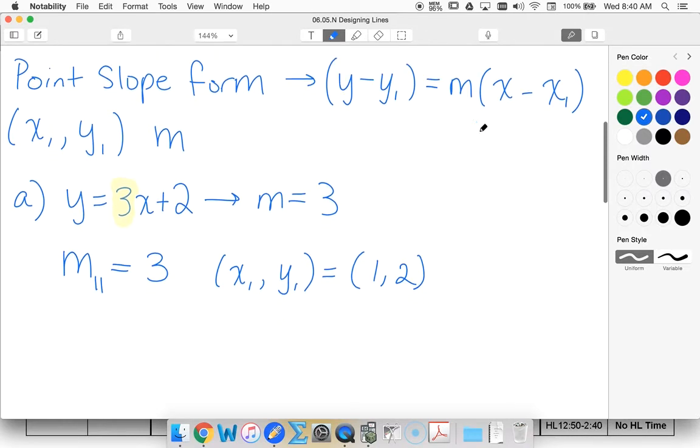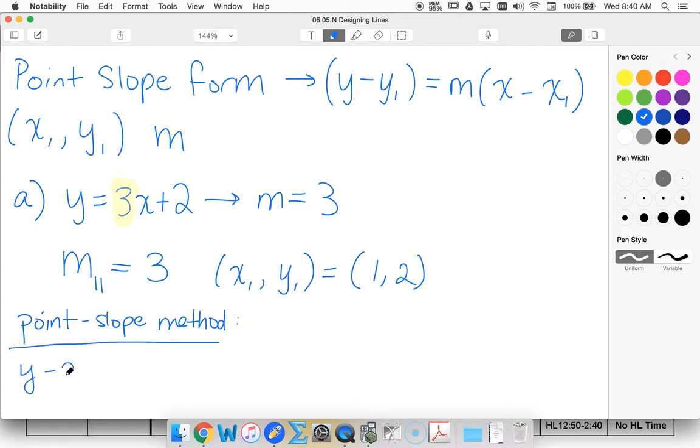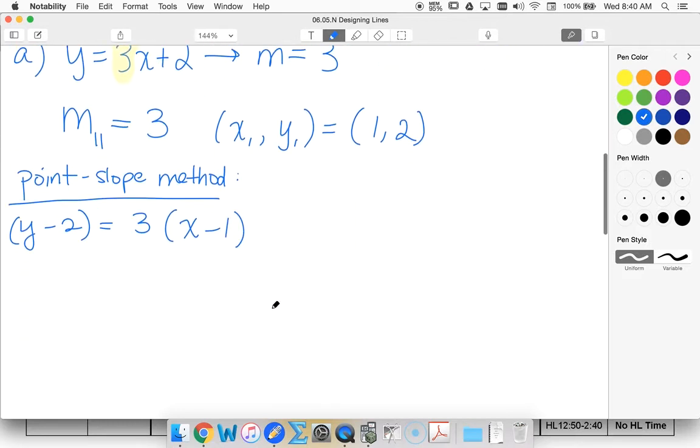So if I use my point-slope method, I'm going to do y minus 2, because that's this coordinate, equals m times x minus 1, because that was my x-coordinate. Now I'm going to simplify this. This is just y minus 2 on the left, 3x minus 3 on the right when I distribute.